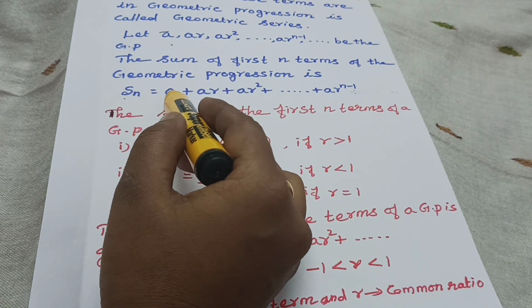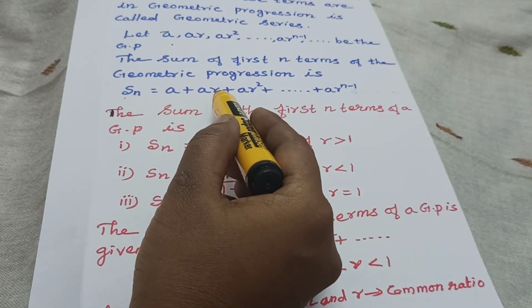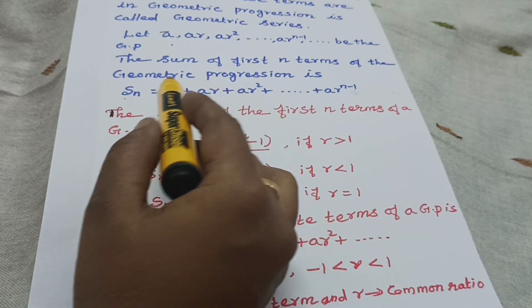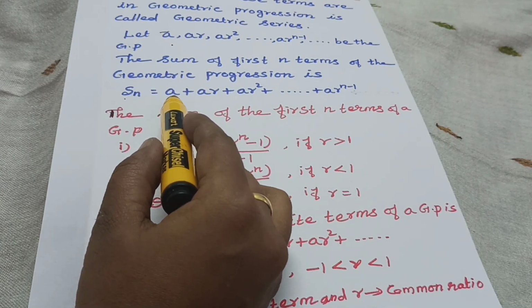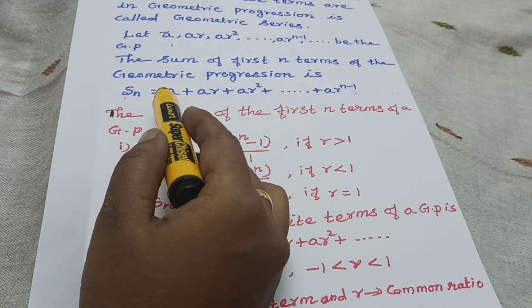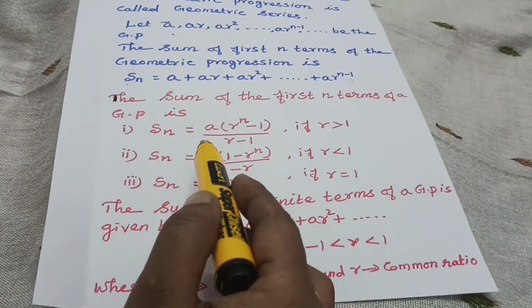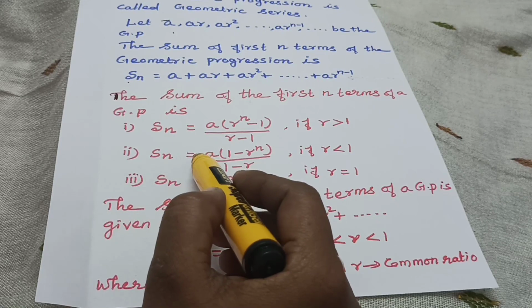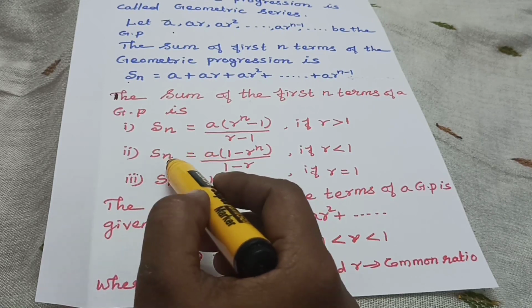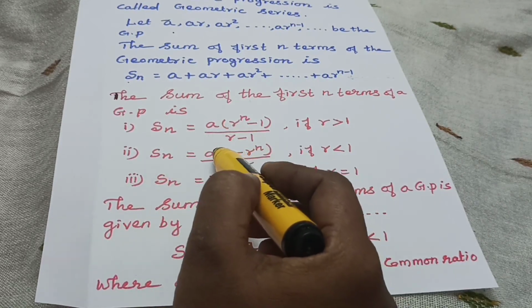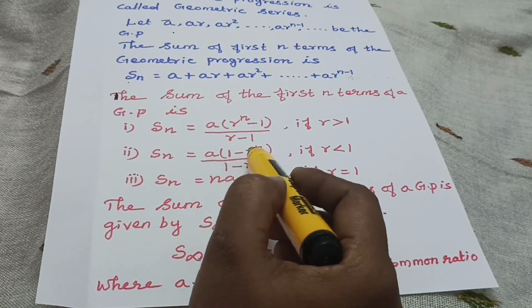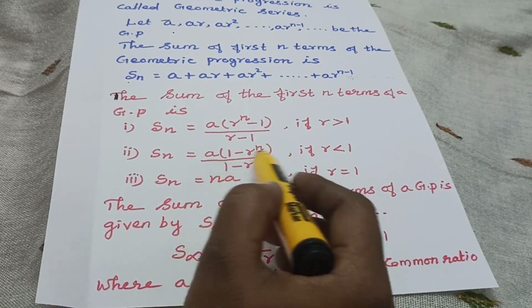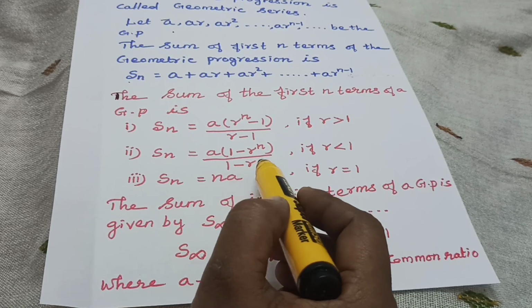How we can find out the common ratio? Second term divided by first term. And second one, the sum of the first n terms, Sn is equal to a into 1 minus r power n divided by 1 minus r.